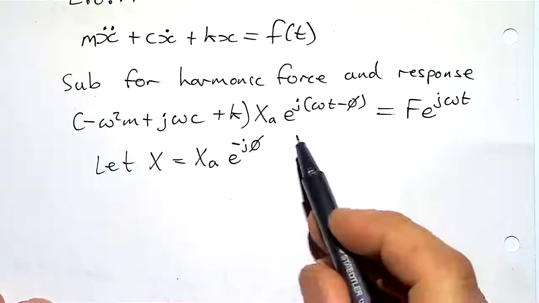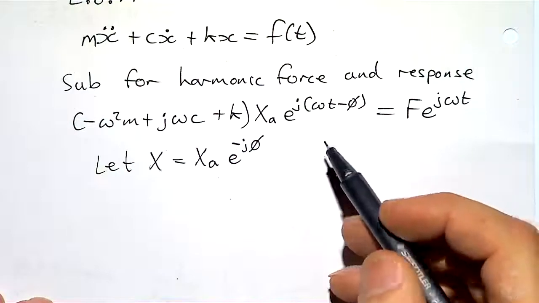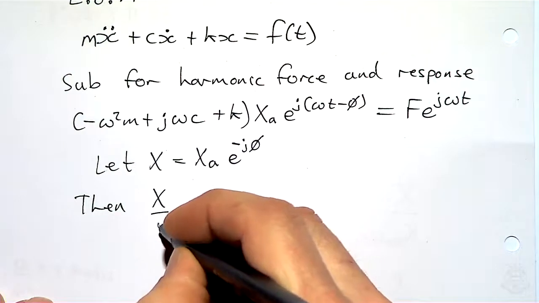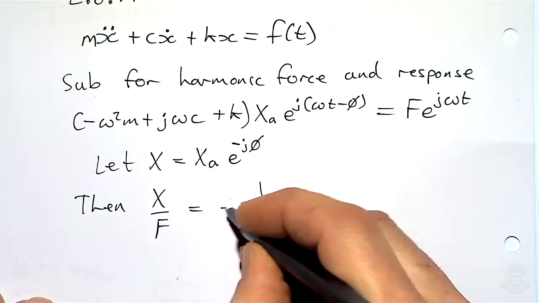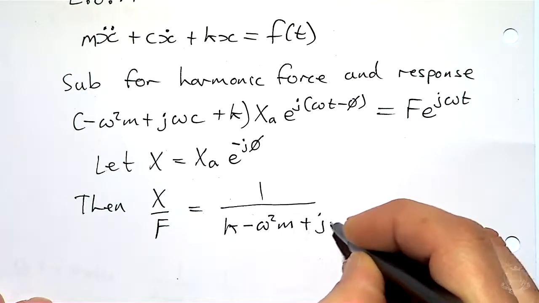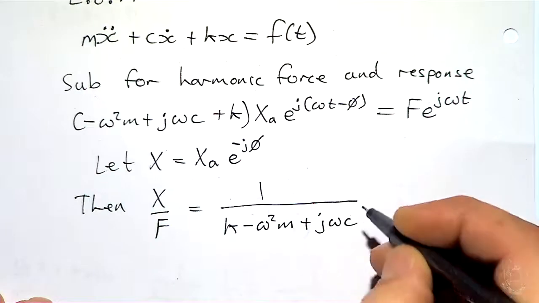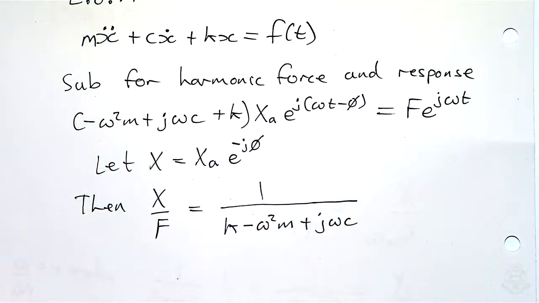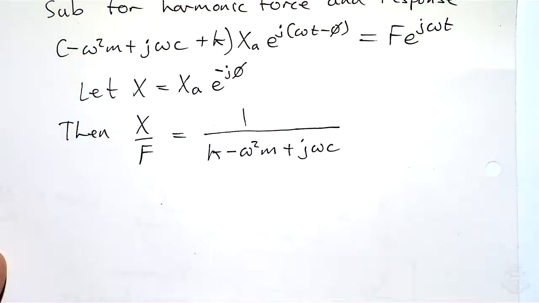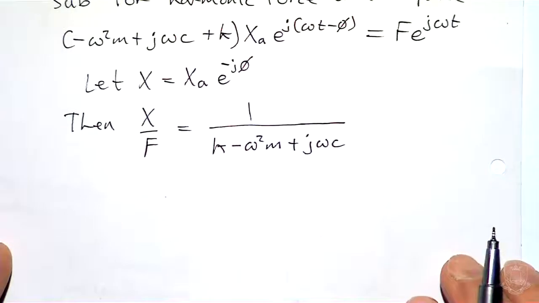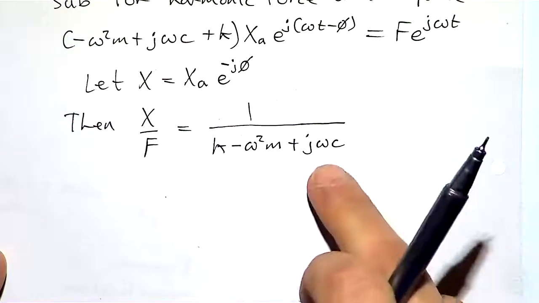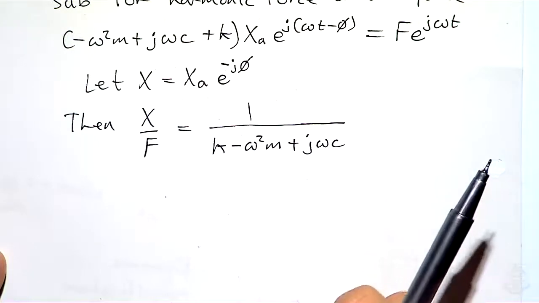But if we do this trick, then we can divide out the e to the j omega t terms, and what we get is, so we can say then x over f is equal to 1 over k minus omega squared m plus j omega c. So same as last time, except we've got this extra term, the j omega c term.